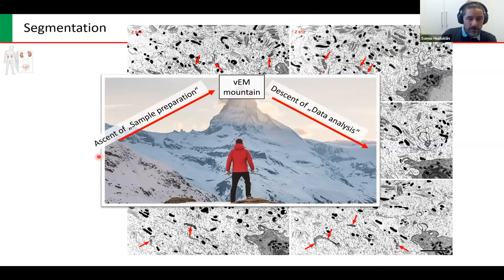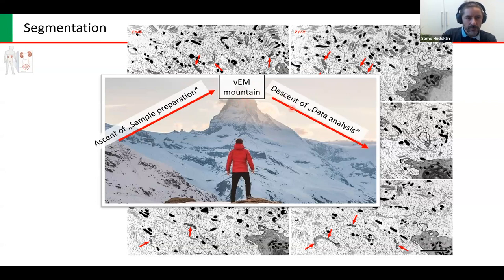So you have to consider when you're doing volume EM that you have to spend quite a lot of time to find the proper sample preparation method that will actually work for you. Then you do the actual imaging, which can also take several hours or days.